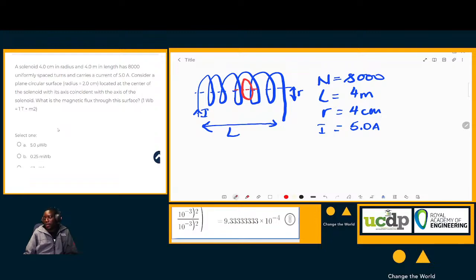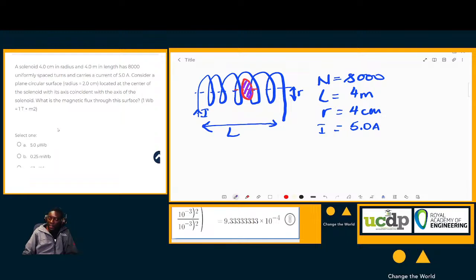Okay, something like that. Then what that means is its area is perpendicular to the magnetic field inside the solenoid. The question is, what is the magnetic flux through this surface?